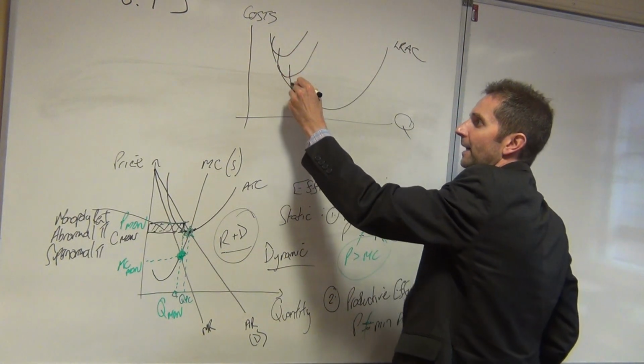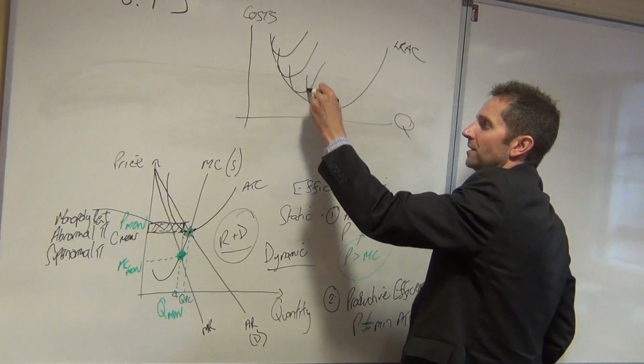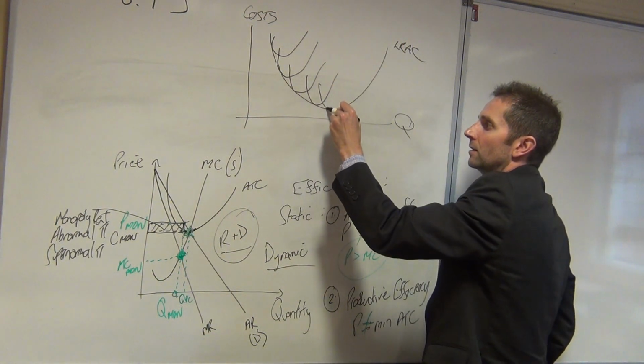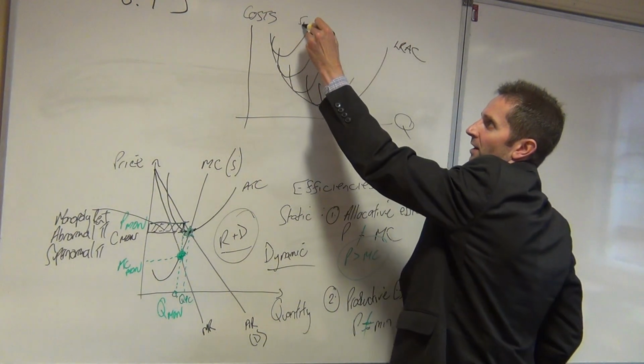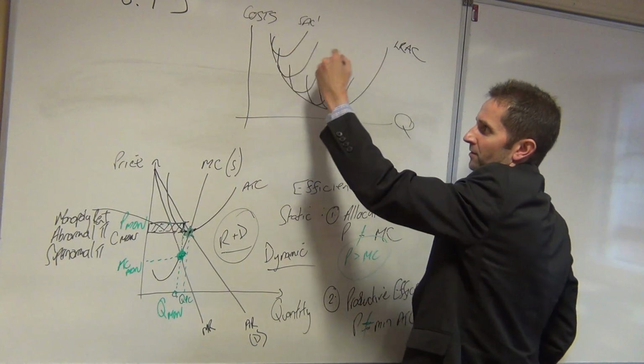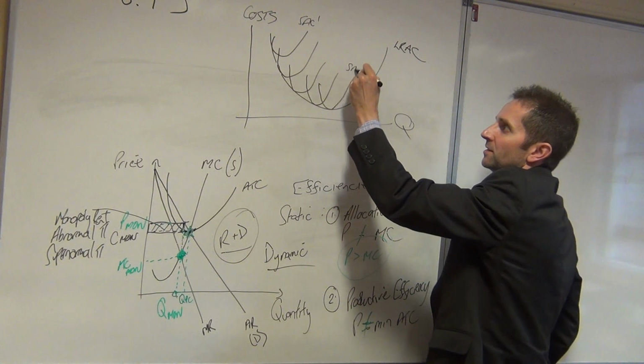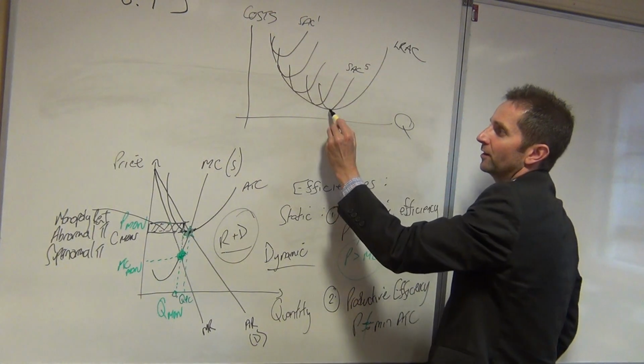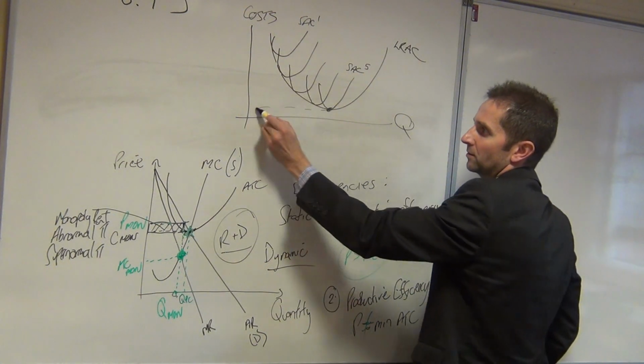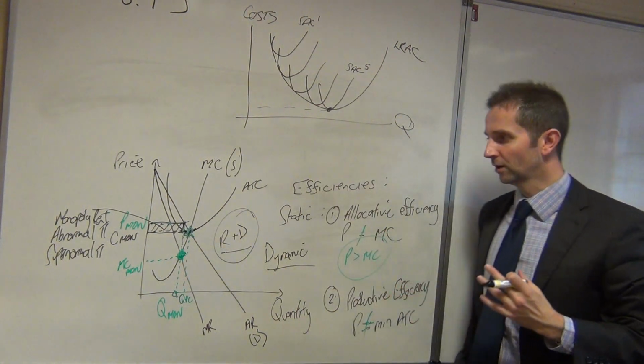And they're all linked together. So short-run average cost curve 1, short-run average cost curve 2, 3, 4 and 5. By the time you get to short-run average cost curve 5, you would actually end up at the minimum point on the long-run average cost curve.